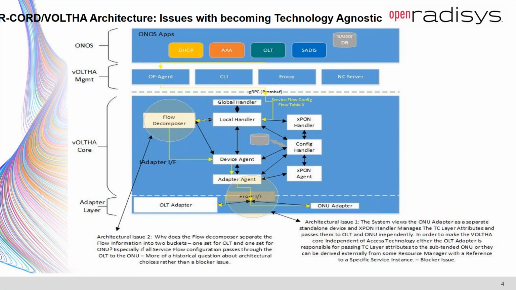Did that clarify whether or not this is an issue to the people who just raised the issue a second ago? I think when we introduced XPON config, it got introduced into the core. If it initially got introduced as a microservice, then it would not be an issue. But right now it's part of the Volta core.